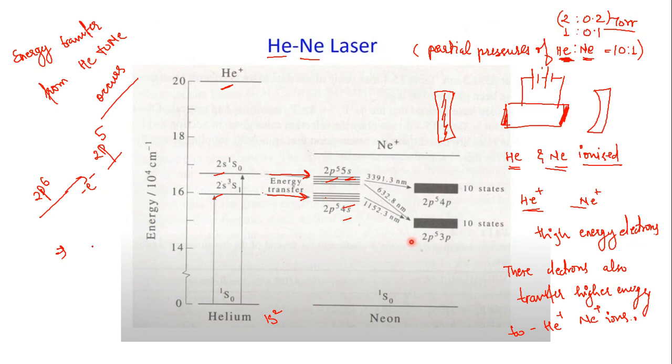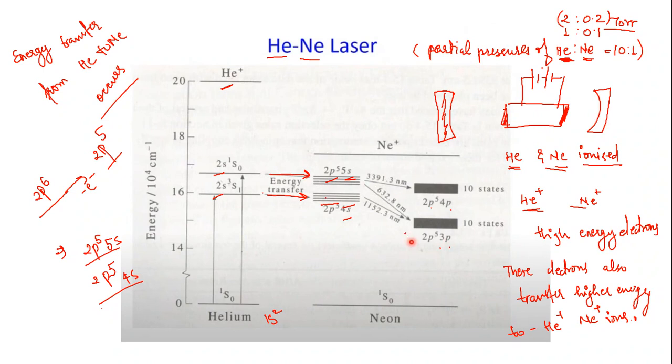So the energy transfer occurs from this 2s state to 2p5 5s and 2p5 4s states. Also, the 2p5 4s energy is lower than 2p5 5s, as you can see in the energy level diagram. Now, from this excited state, there are other states which are 2p5 4p and 2p5 3p.